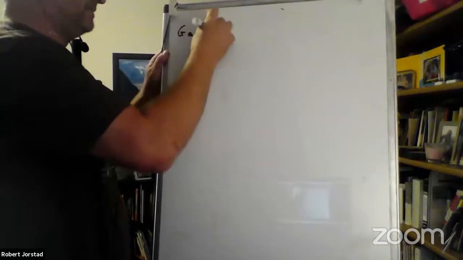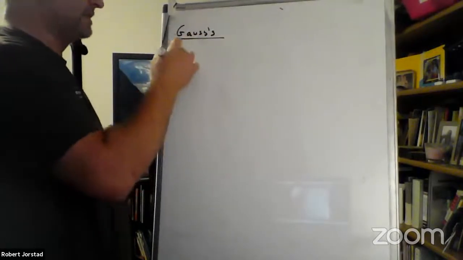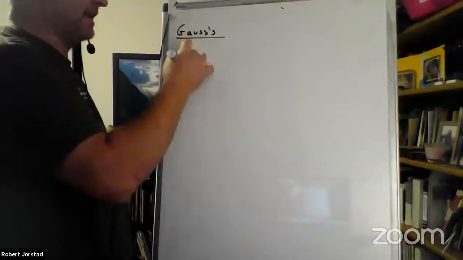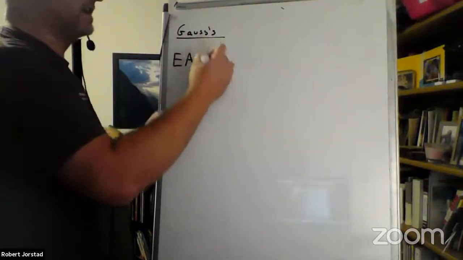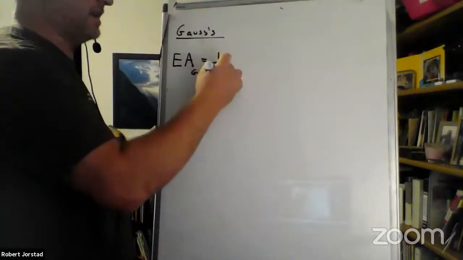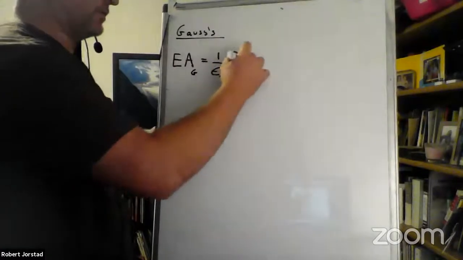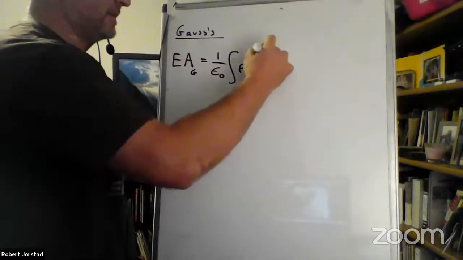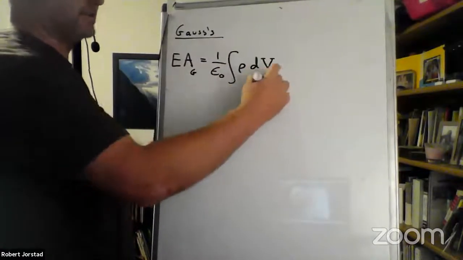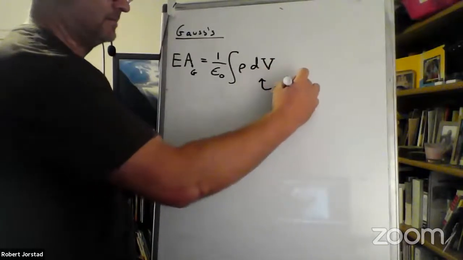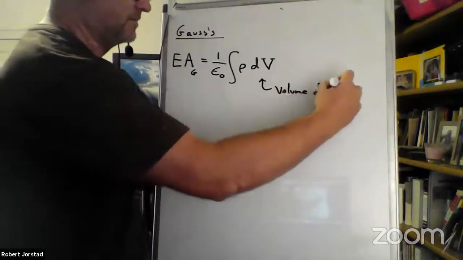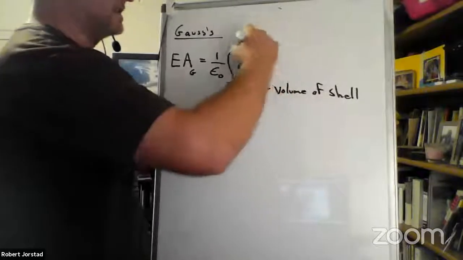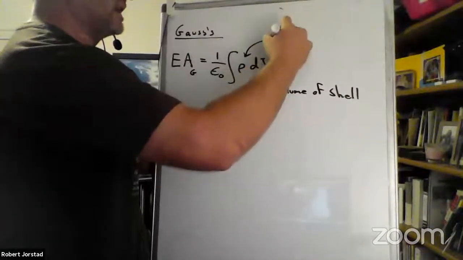Let's do Gauss's and Ampere's side by side. It was E times area of the Gaussian surface equal to 1 over epsilon naught times the integral of rho dV. This was the volume of a shell, and this was coulombs per meter cubed.